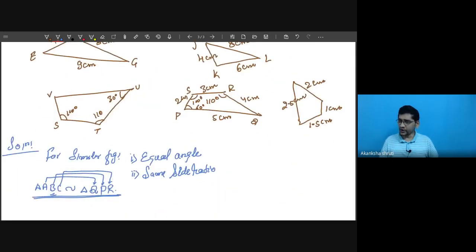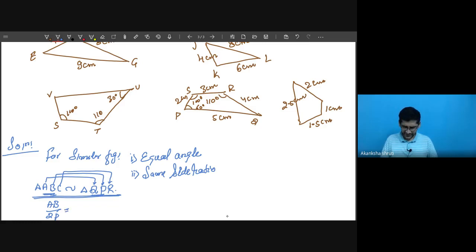Another important thing that we can conclude by writing in this corresponding manner is that the side ratios can be written very easily. What are the side ratios? Just take the first two. Say if you are taking AB, the first two, then take the first two from the second triangle, which will be QP. No need to go into the triangle. Just by properly writing the triangle in symbol form, we can quickly write the ratio.